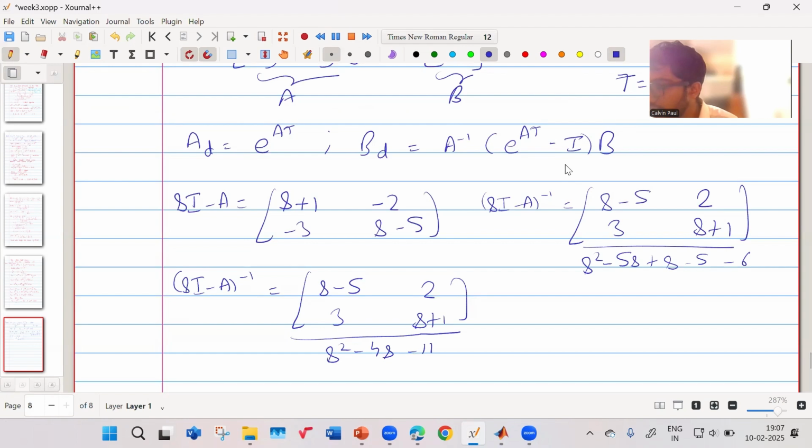Now you have to find e to the power At, right? So this actually should be (sI minus A). And since our t equals 1, this is fine. Otherwise, we'll have to redo it.